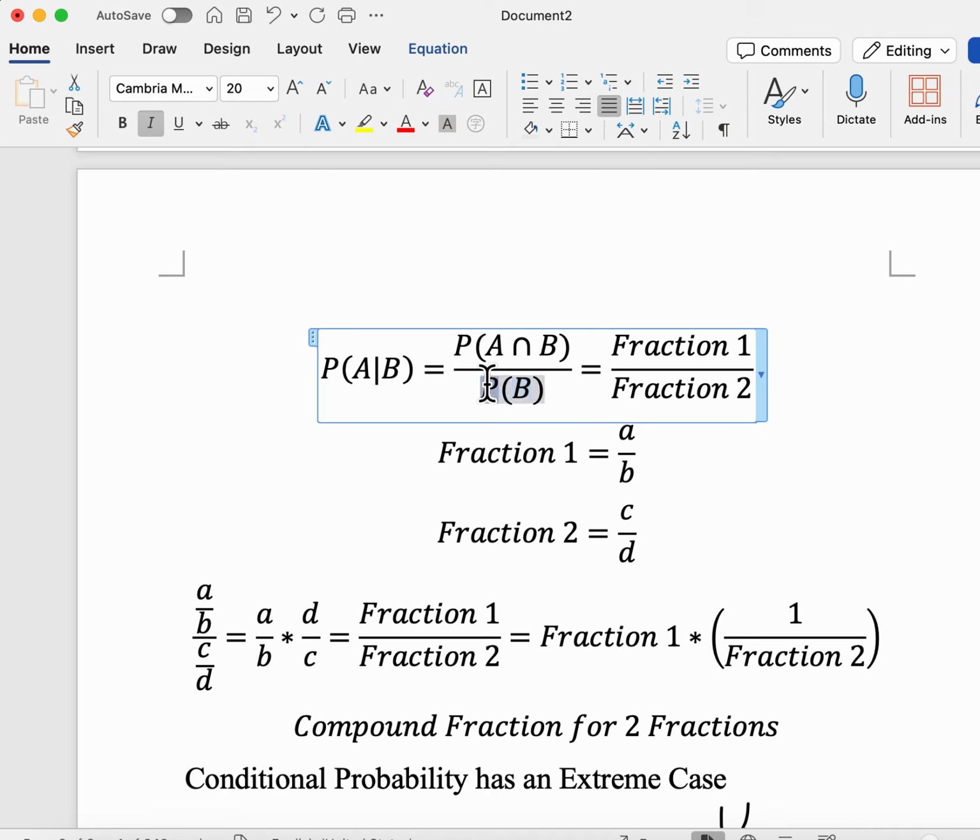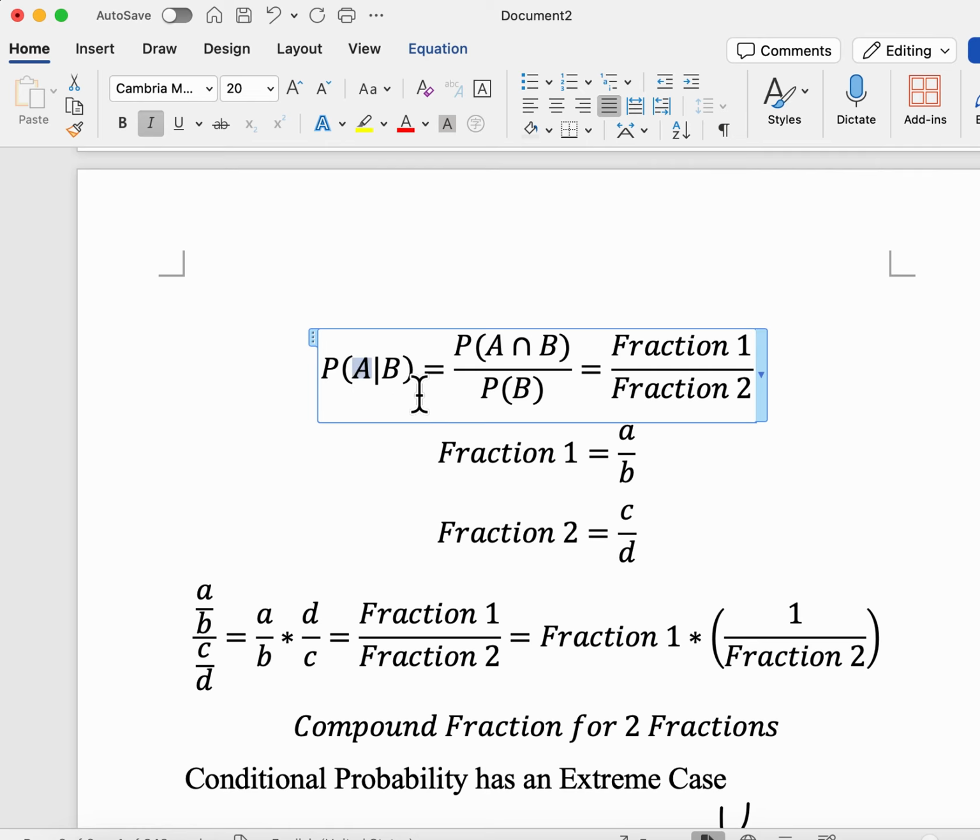It's whatever is at the bottom here, to the right of the vertical bar. Let me repeat that more slowly. In this notation, conditional probability of event A given event B, whatever event is to the right of the vertical bar is what belongs in the denominator as a probability of whatever event you have. It's the one on the right, not the one on the left.